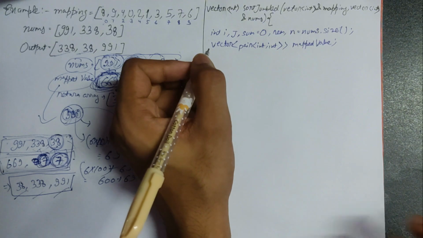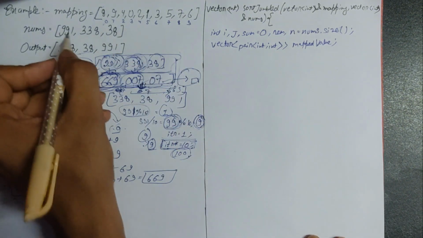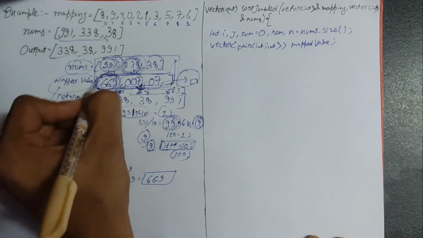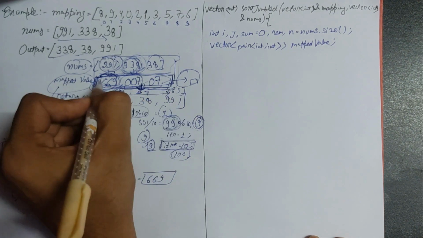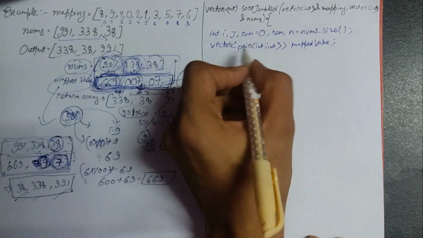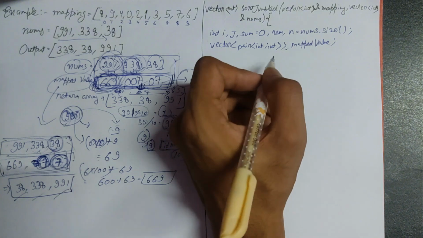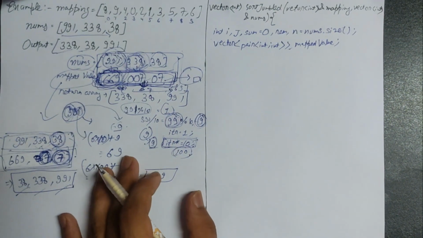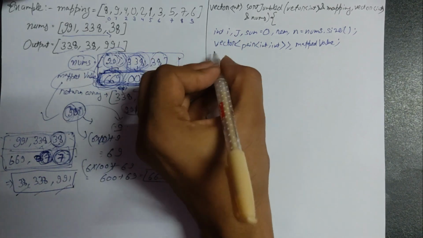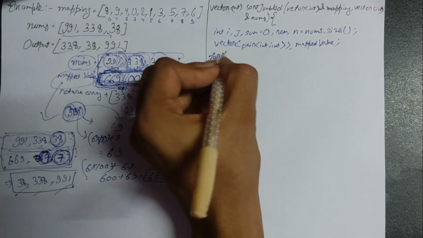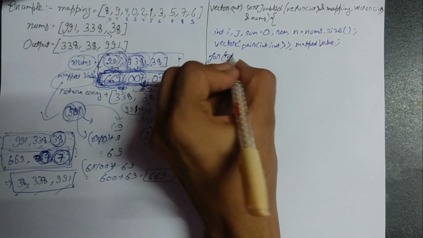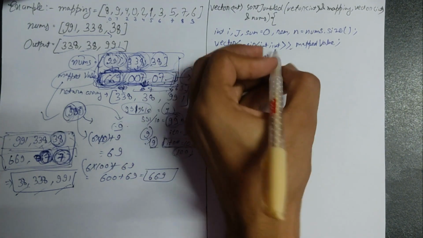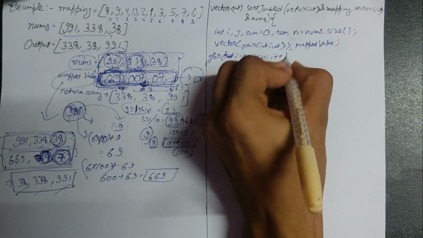Now we need to iterate over this nums array, create these mapped values, and insert both values in our new vector of pairs, and after that we will sort it on the basis of the new values. So let's iterate first over the vector: for i equals 0, i less than n, which is the size of the nums array, i plus plus.